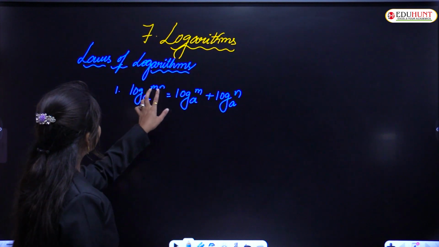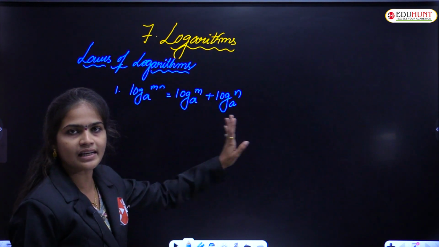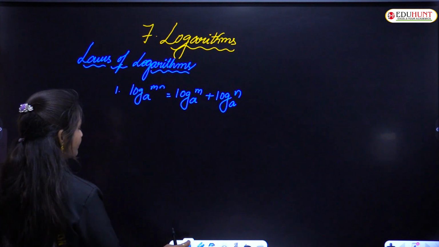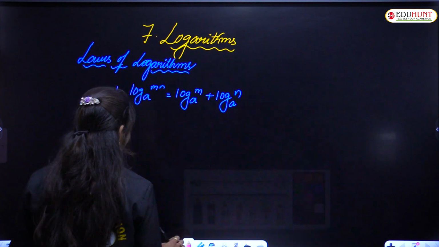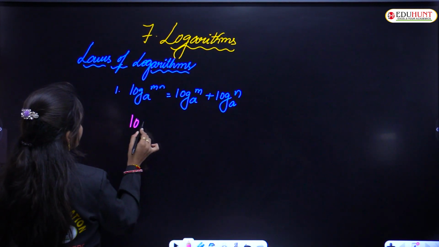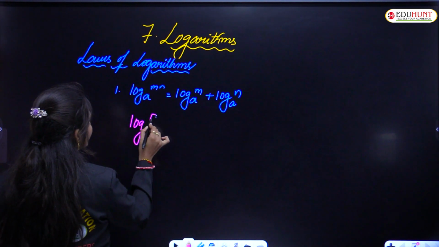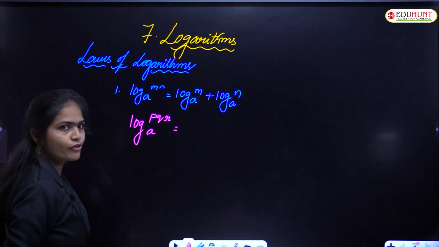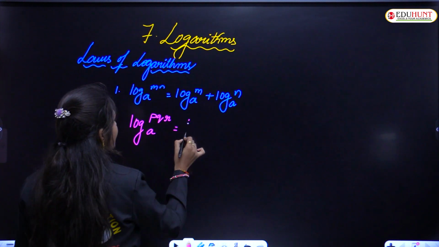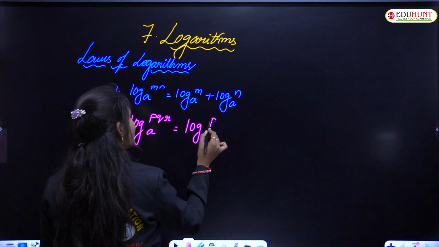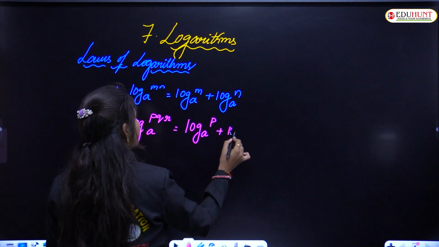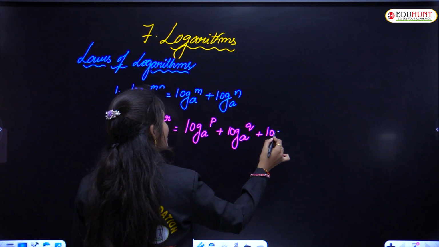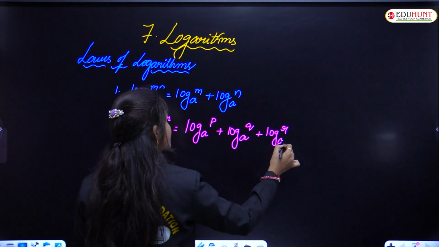Okay children, here we taken the two values, that's why we written like this. If we are going to take the three values, log pqr to the base a, so what is the formula to write here? Yes, that is log p to the base a plus log q to the base a plus log r to the base a.